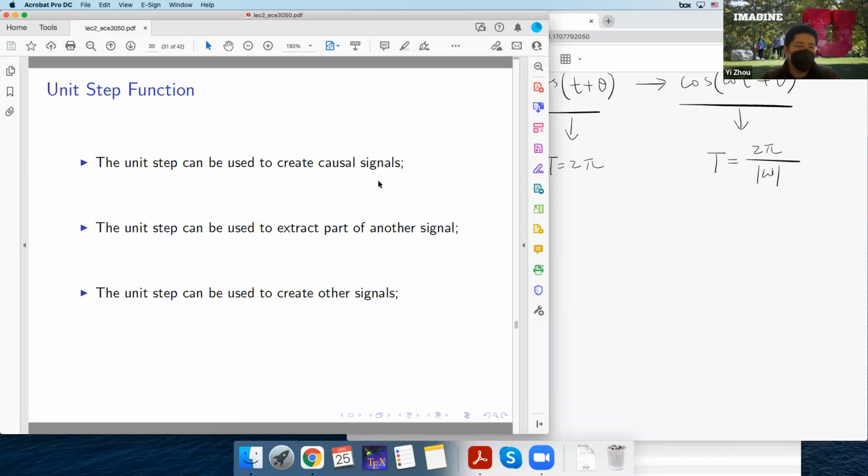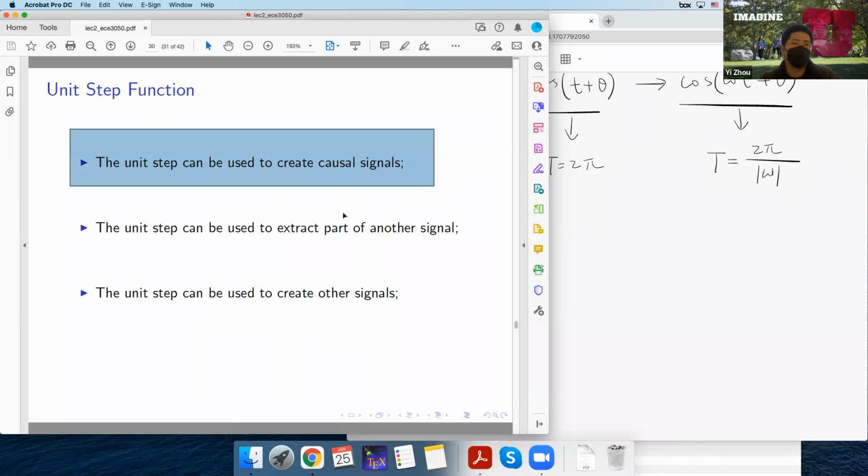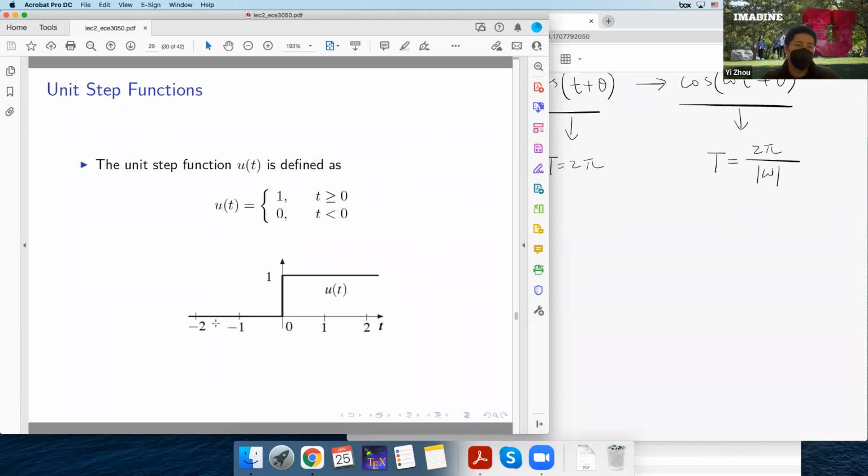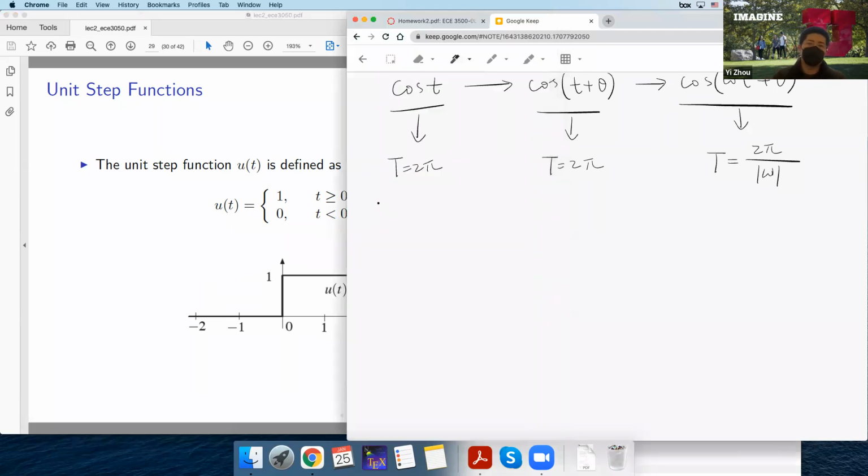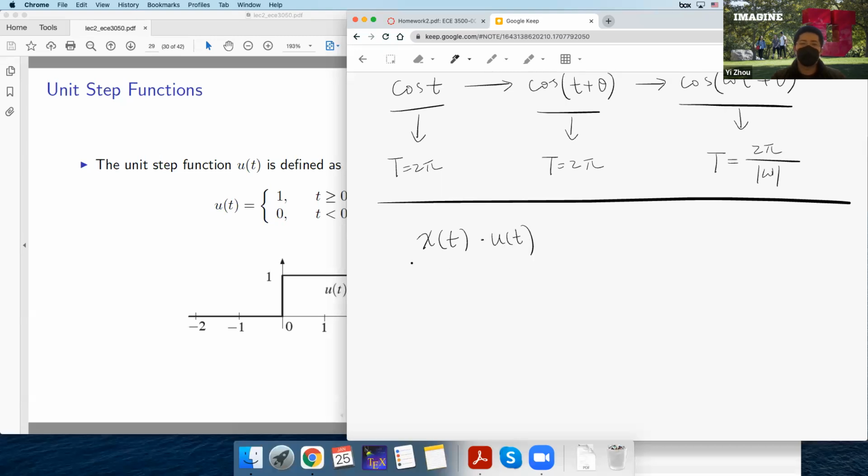And this unit step function is very useful because it can be used to create causal signals, right? If you multiply any signal by this unit step function, then this is definitely causal.